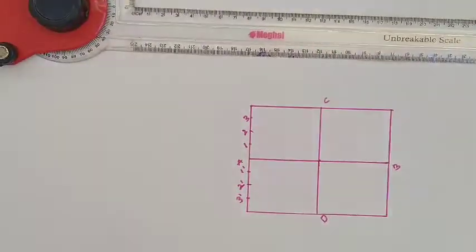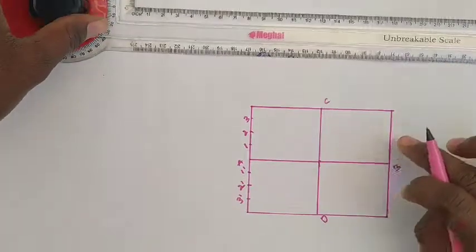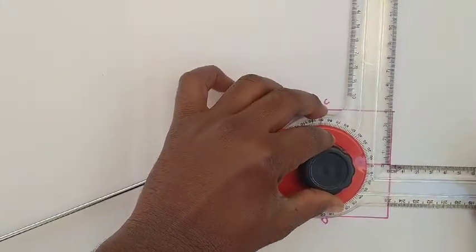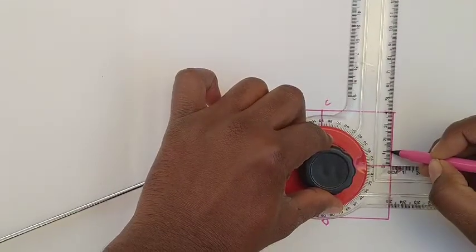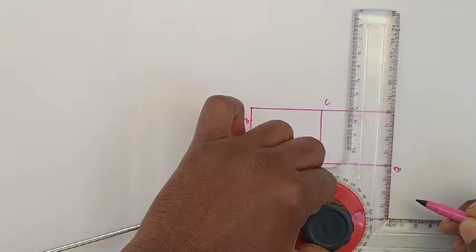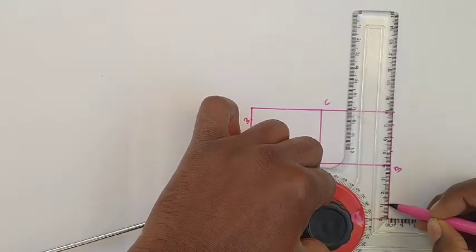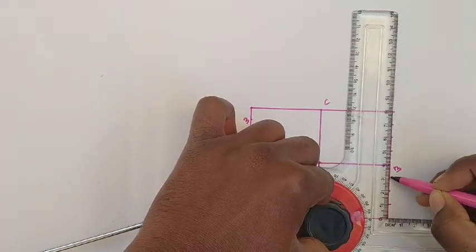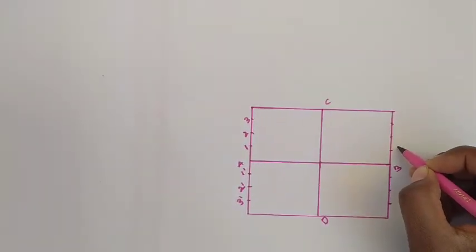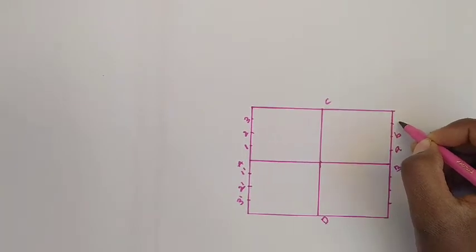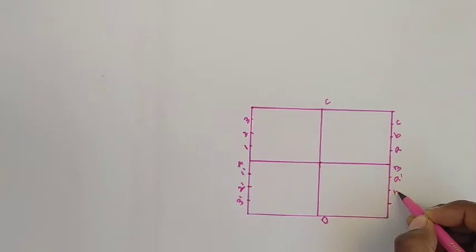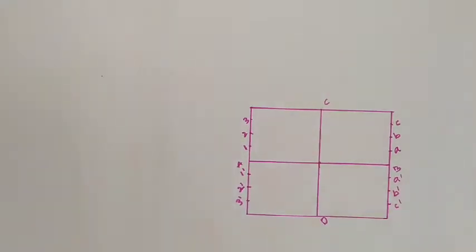Next, above the major axis, divide this line into three equal parts, A, B, C. On the bottom side, name them A dash, B dash and C dash.